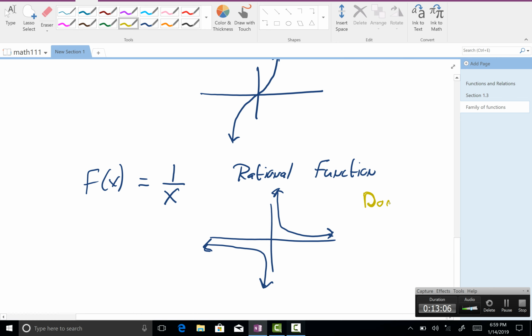So in this case, what would the domain of this be? X could be less than 0, right? Because we've got all this stuff back here. Can't be equal to it, though. Right? And the range? The same.